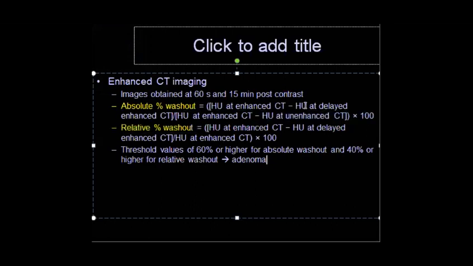The most important thing to know is that they measure the Hounsfield unit in enhancing and non-enhancing phases. The threshold is 60% or higher for absolute washout, or for relative washout, 40% or more. So it will be adenoma.